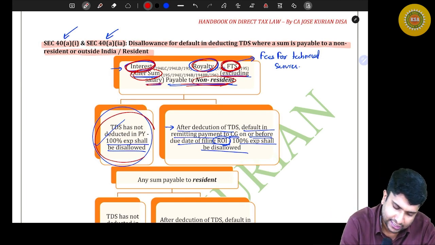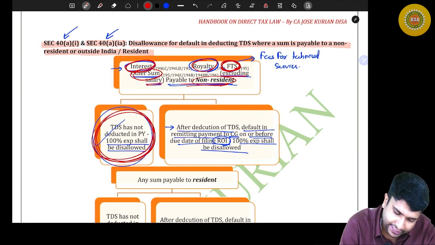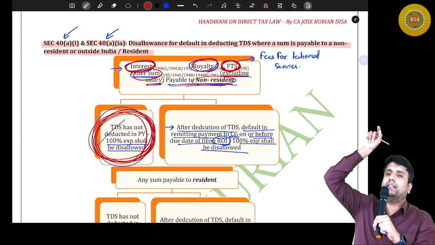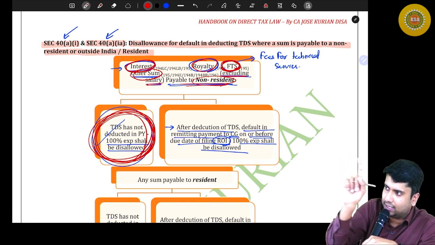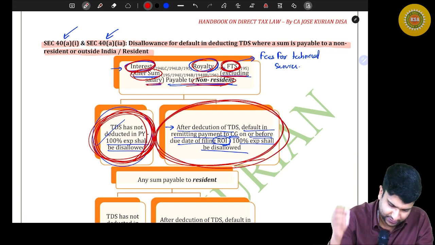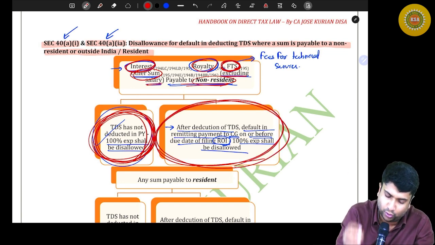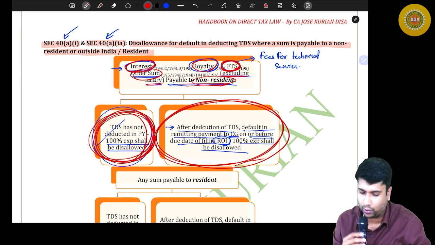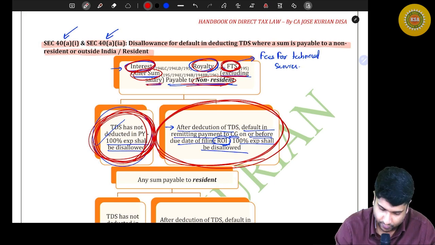Number one, TDS has not been deducted in the PY. Then how much will be the disallowance? 100% of the expense shall be the disallowance. And the second case: after deduction of TDS, default in remitting payment to the central government on or before the due date of filing return, 100% of the expense shall be disallowed. Is that point clear?